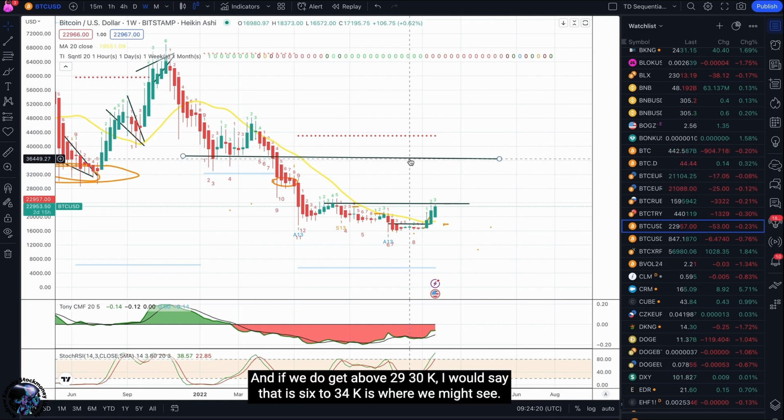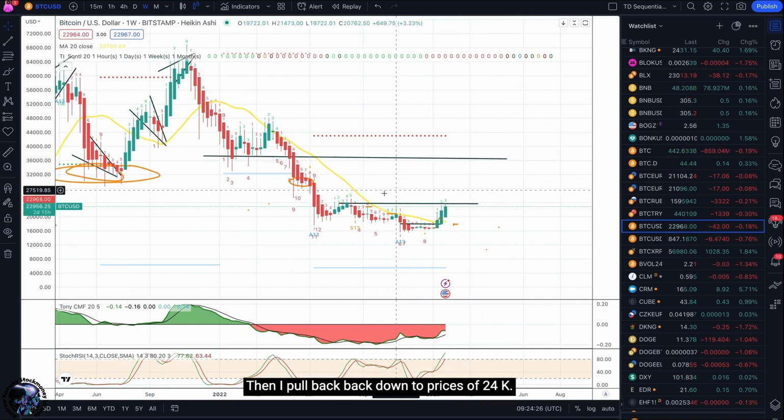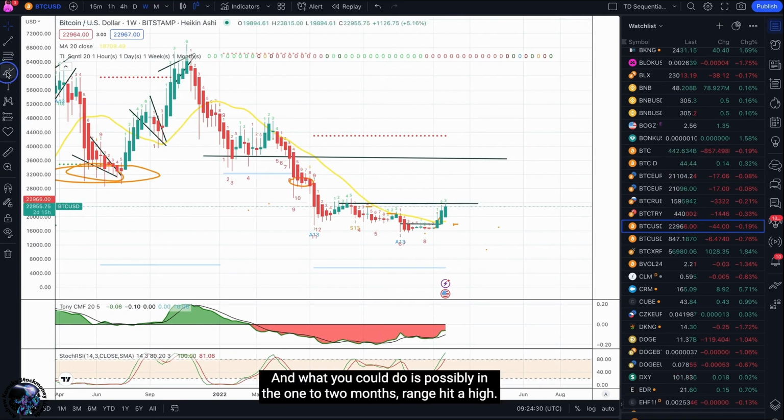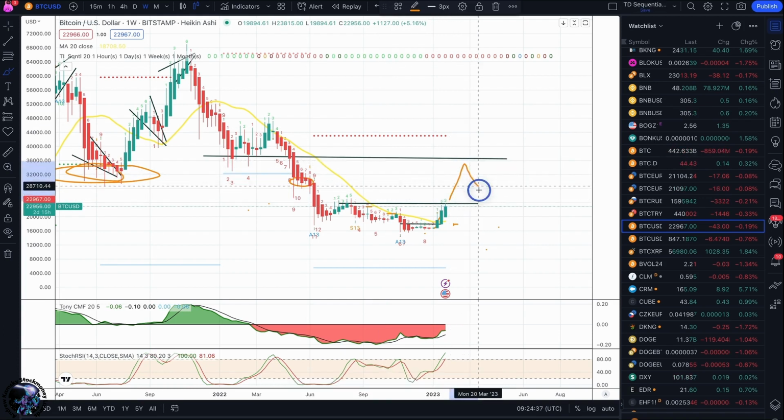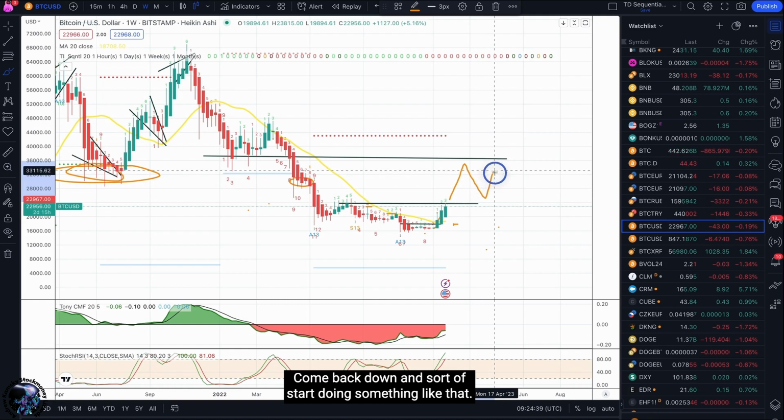And if we do get above 29-30K, I would say 36 to 34K is where we might see a pullback back down to prices of 24K. And what we could do is possibly, in the 1 to 2 months range, hit a high, come back down, and sort of start doing something like that.